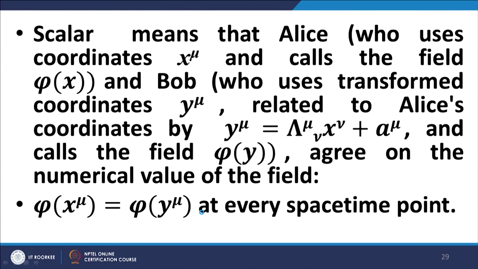Scalar means that if we have two observers, Alice who measures coordinates in terms of x mu, and who calls the field phi x, and Bob who measures the space time in terms of coordinates y and calls the field phi y, and x and y are related through a Lorentz transformation, then both Alice and Bob agree upon the value of the field at every space time point. So, that is what we mean by a scalar field.